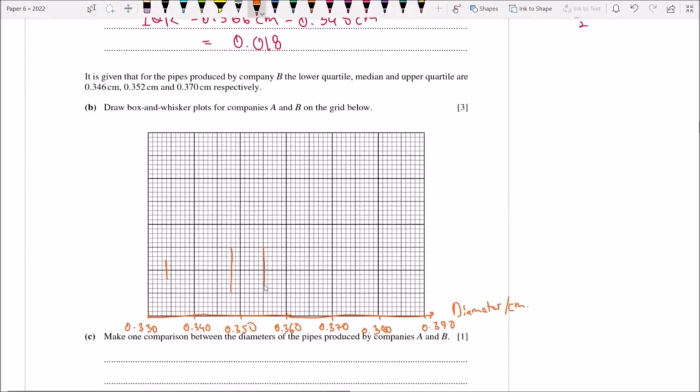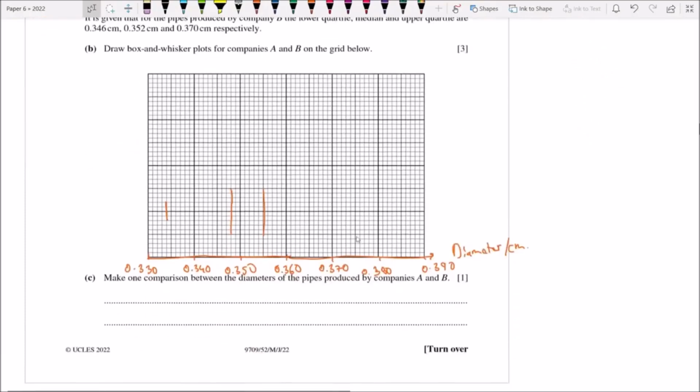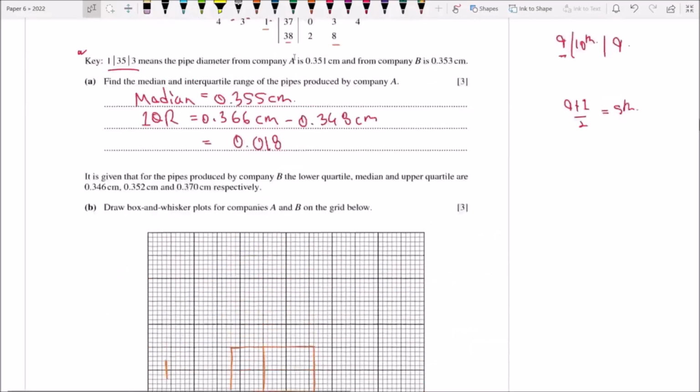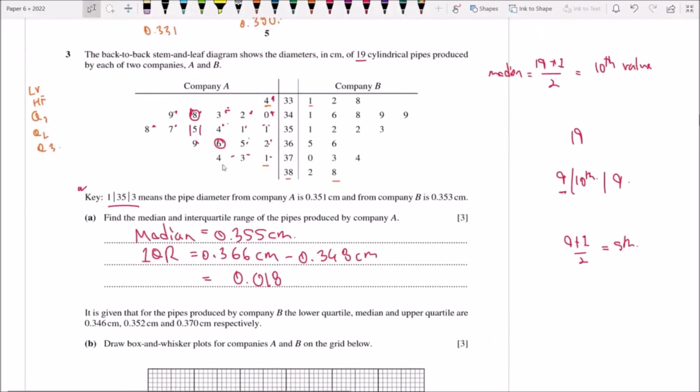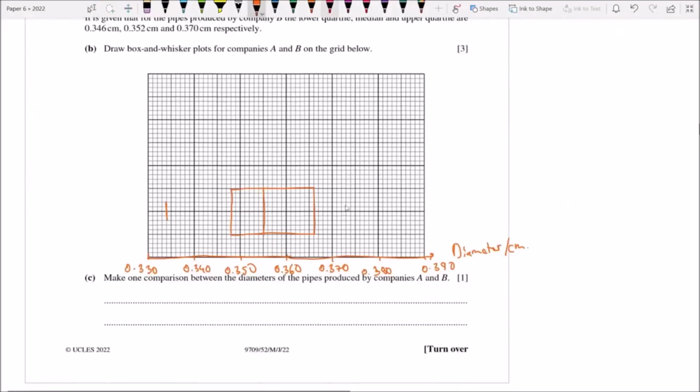Here you go. And 0.366, that's Q3, is over here. So this is my box. And about the whiskers, the highest value is at 0.374. Here you go. So we end up with this diagram for company A.